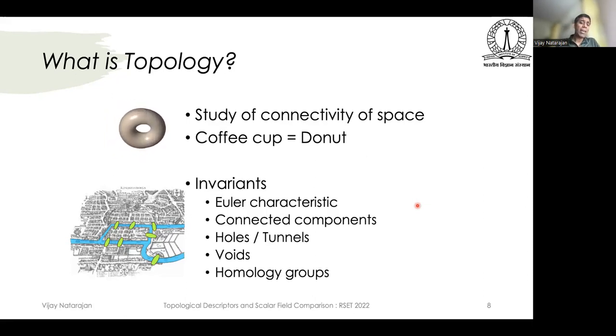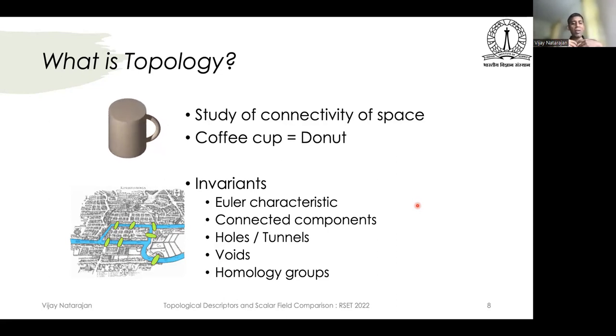So what do we mean when we say we are interested in the study of connectivity of space? We are interested in studying invariants that help us identify when two spaces are equivalent, or help us distinguish between two spaces and say that these are not the same. So topology is essentially the study of such invariants.